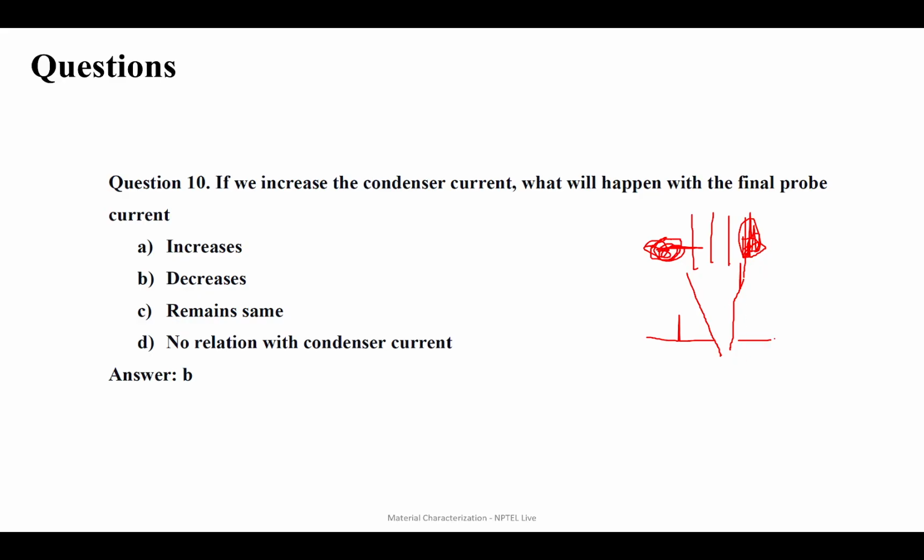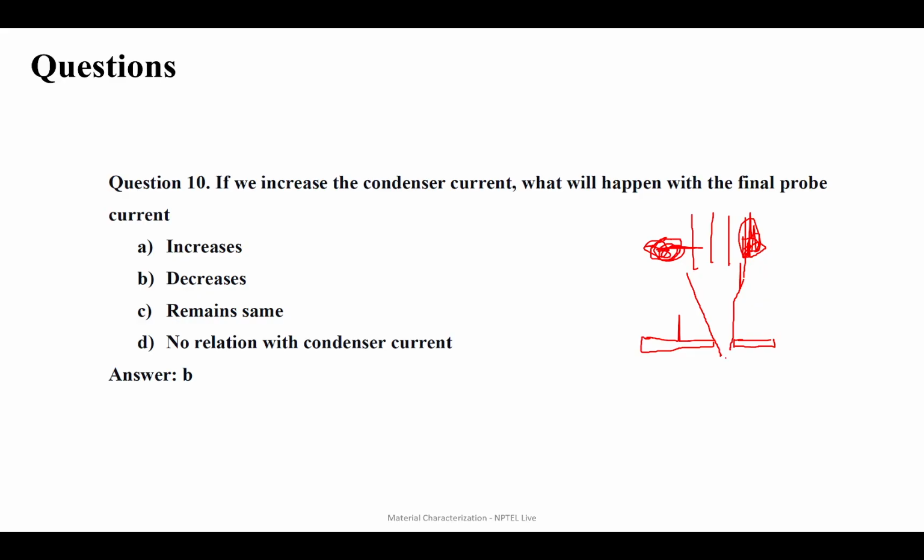So if this is your aperture, then if you have a higher focal length, your beam will converge inside your aperture, and that would mean almost all of your light is going through your aperture. So you'll have a higher current, and a higher current means a higher probe diameter.